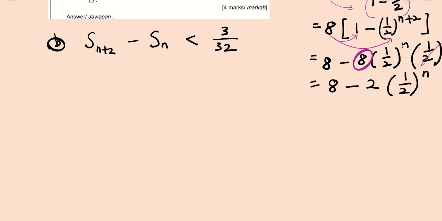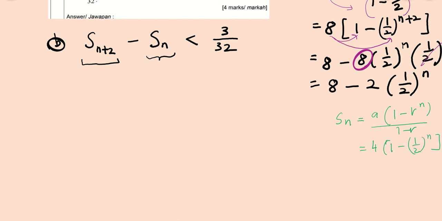Okay, kita dah ada expression untuk Sn plus 2, cuma kita belum ada lagi Sn. So kita tunjuk dulu macam mana nak dapatkan Sn. So, Sn adalah a bracket 1 minus r to the power of n over 1 minus r, di mana a is 4 multiply 1 minus 1 over 2 power n, over 1 minus 1 over 2.